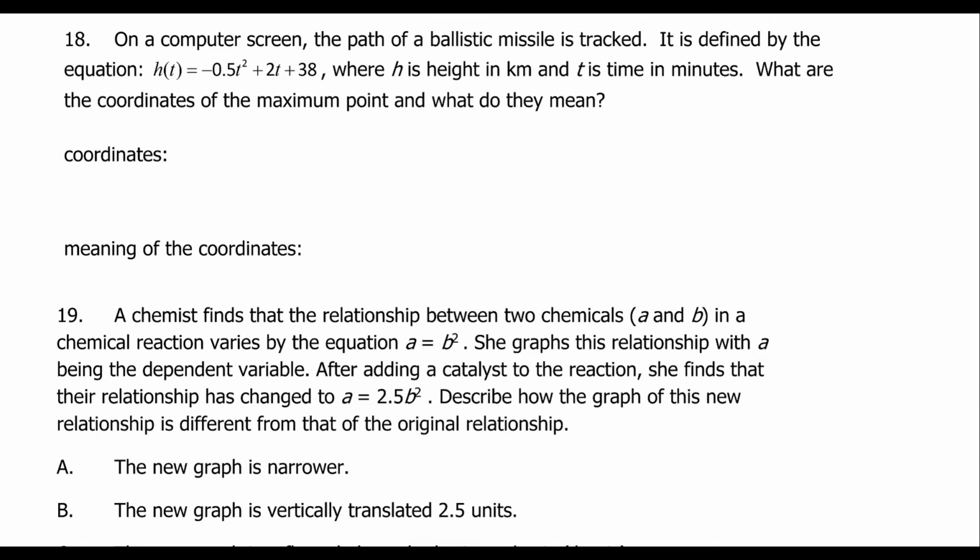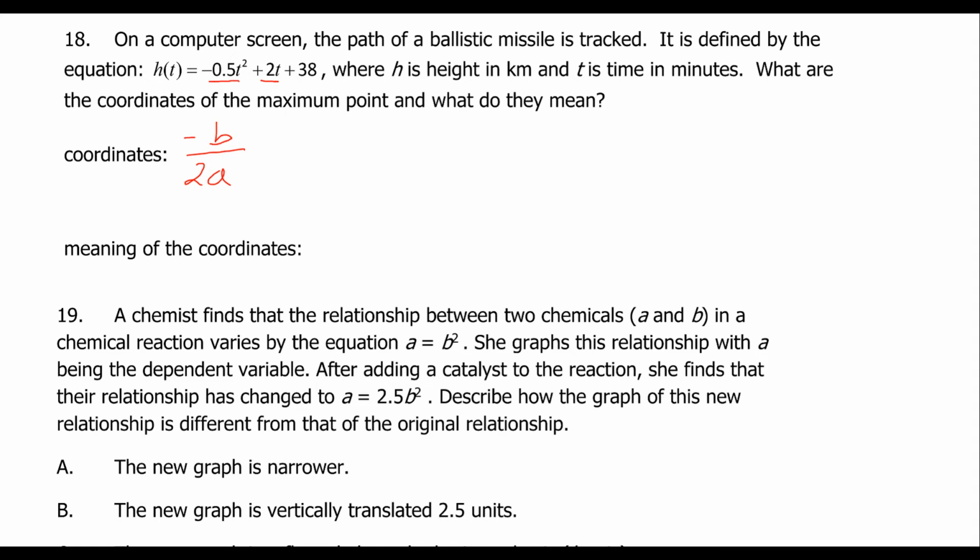So what we need to do is find the x-coordinate of that. If we bounce back to that, we have to use the negative b over 2a equation. So we take b and put it over 2a.